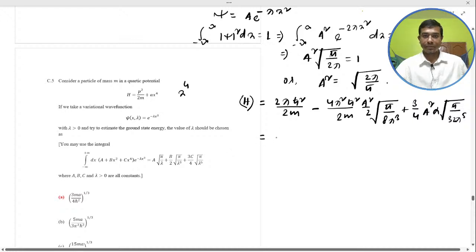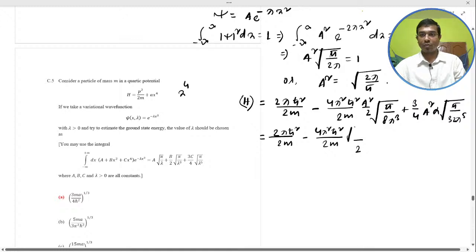This will become 2 lambda h square by twice m minus 4 lambda square h square by twice m.